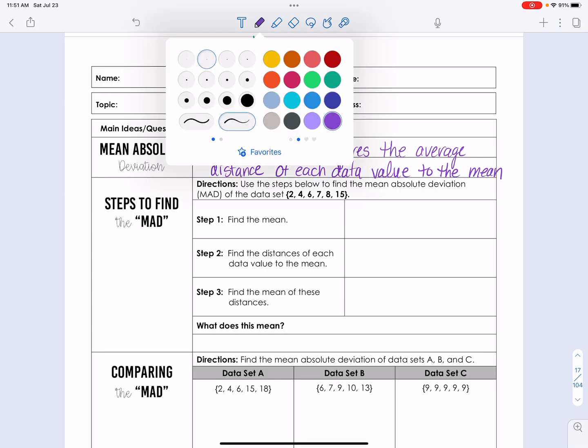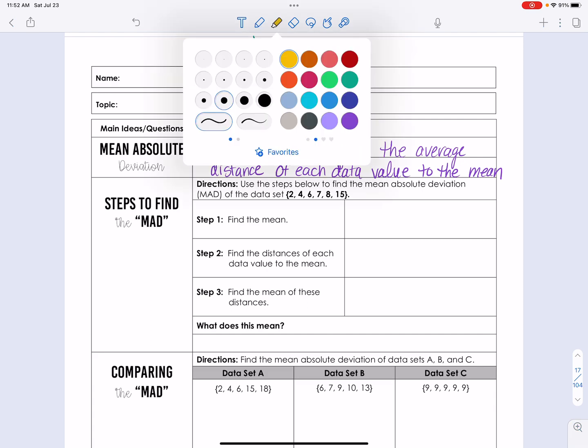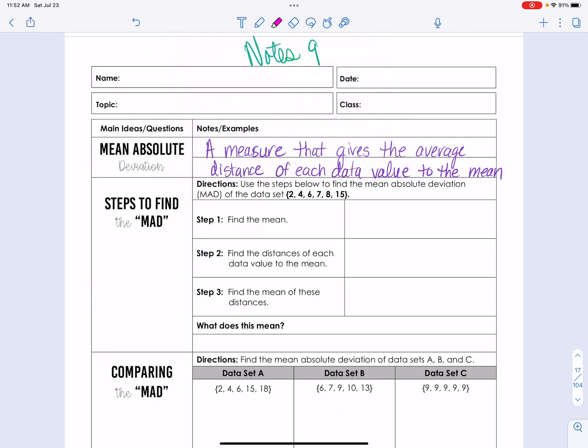Okay, so we're going to take a look at these and we're going to look at the steps. I'm going to use this data set that is up here. So I'm using this pink and I'm going to do the steps with it. So to find the mean, I'm going to do 2 plus 4 plus 6 plus 7 plus 8 plus 15, and I'm going to divide that by 1, 2, 3, 4, 5, 6.